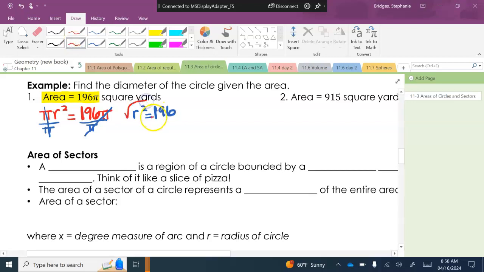Remember like we do with the Pythagorean theorem? So in your calculator, do the square root of 196. Remember that is your second x squared, and then enter 196.